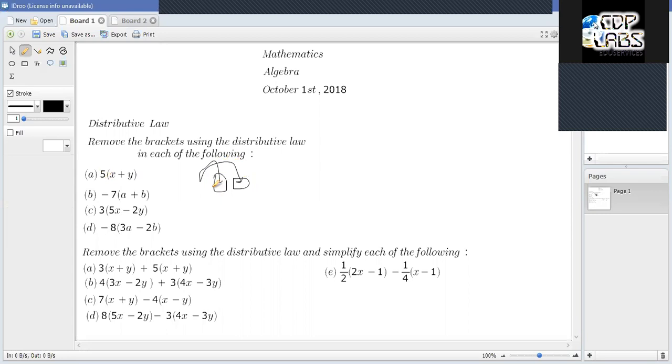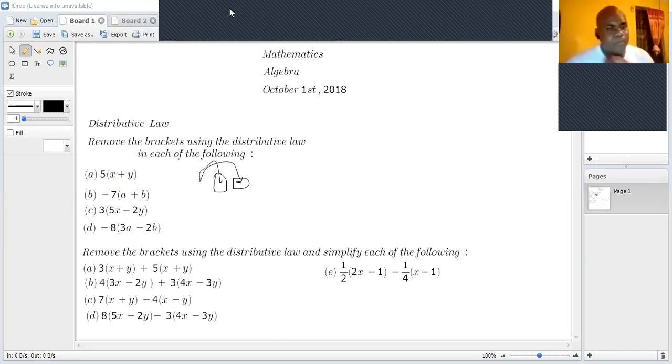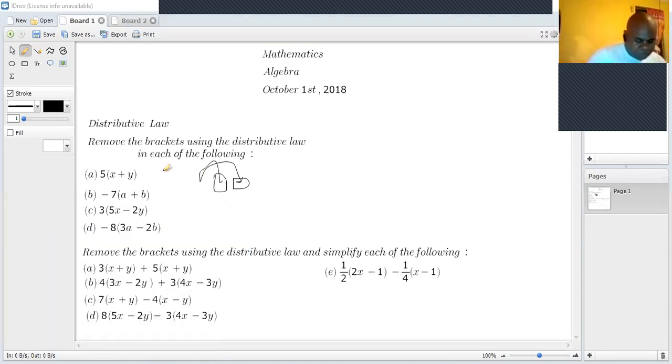So both cans have the same corned beef. That's why it's called distributive law. So imagine the 5 to be the corned beef, x being a can, y being a can. Everybody following that? Paul, you following that? Yes, sir. Daniel, you following that? Yes, sir.